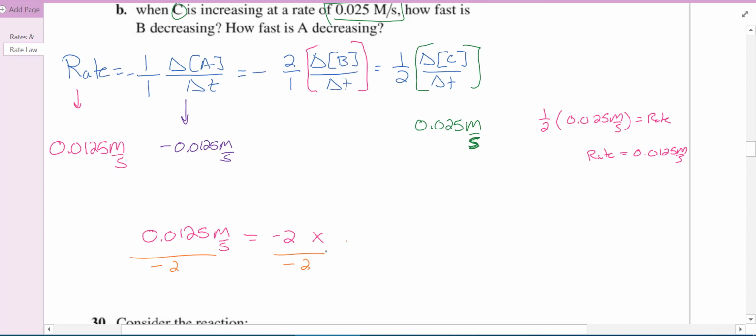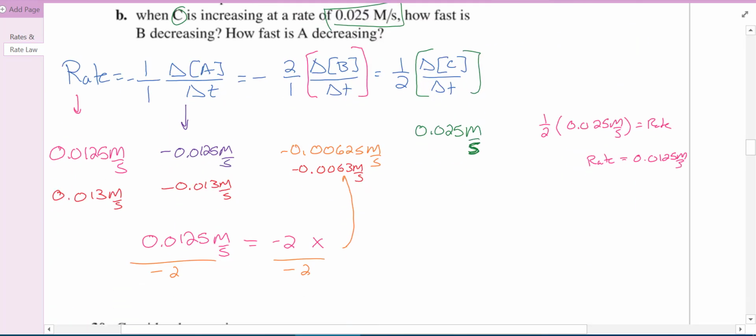It looks like I get negative 0.00625. Sig fig wise, A is negative 0.013 molarity per second, and B is negative 0.0063 molarity per second. There we go.